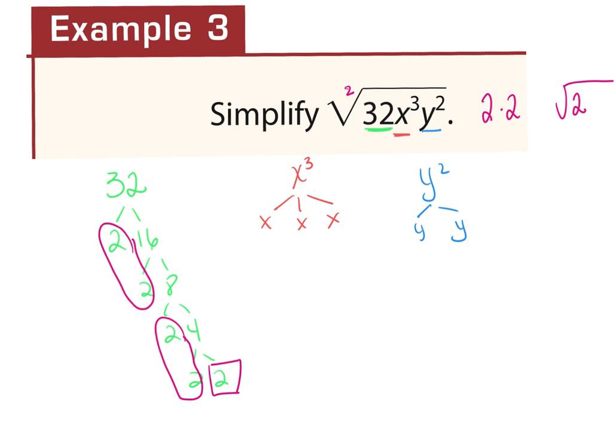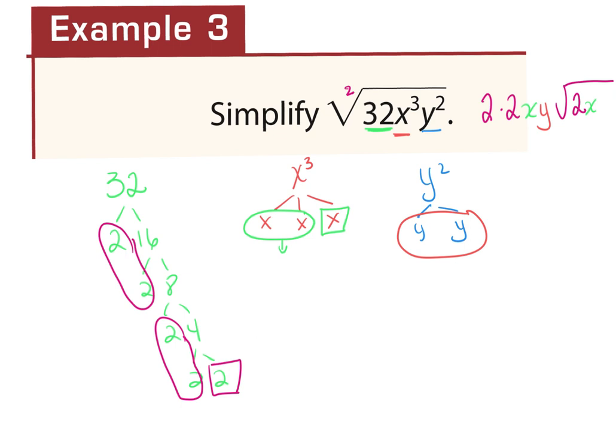I can say, oh, well, let's look at my x's. For my x's, I have a pair here, and I have one that doesn't group. So that means I can pull an x out here, and I leave an x on the inside. And I can do the same thing with my y's. I can say I have a group of y's, and nothing stays in. So one of my y's comes out, there we go. All right, so I can do that method as well.